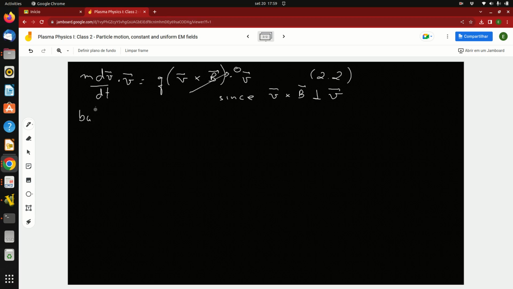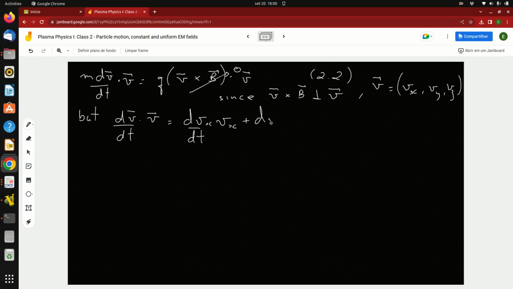Now we can rewrite this equation this way. Notice that dv/dt dot v, if v is a vector with three components vx, vy, vz, can be written as dvx/dt times vx plus dvy/dt times vy plus dvz/dt times vz, right?